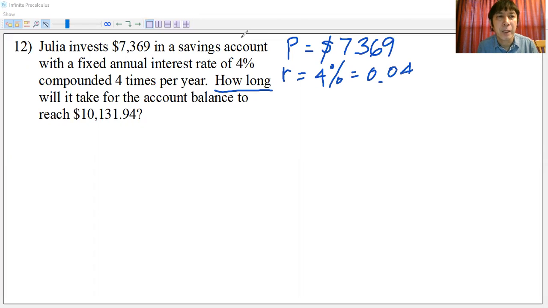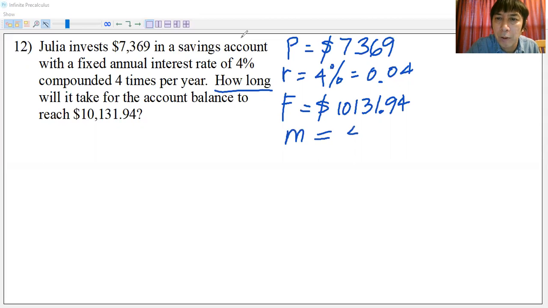To reach the balance of about 10,100, this will be our F, which is 10,131 and 94 cents. Compounded 4 times per year, so quarterly. That's our M, and so we can now use the formula.